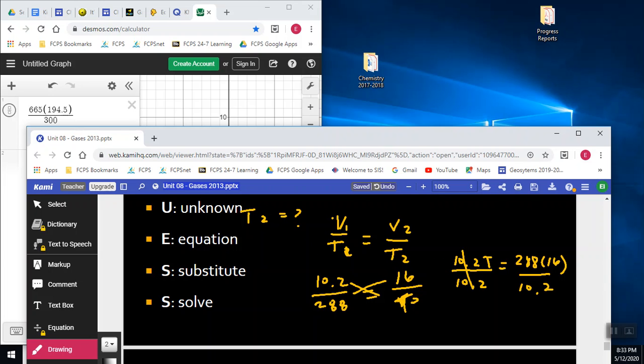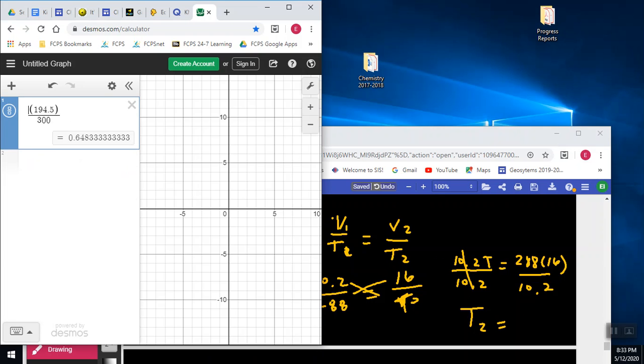So my new temperature is 288 times 16 divided by 10.2, and that is 451.8.